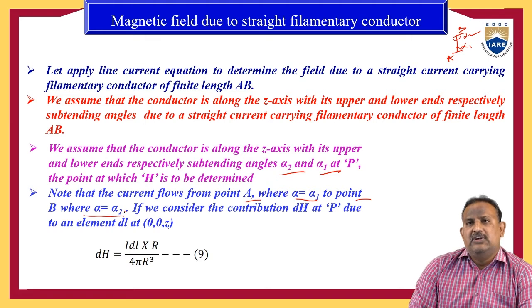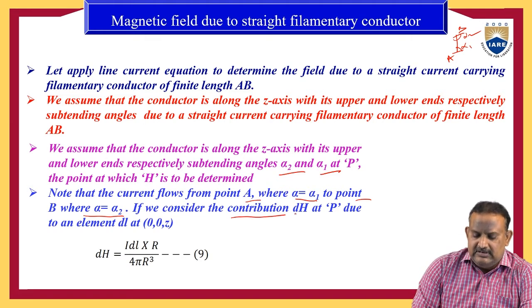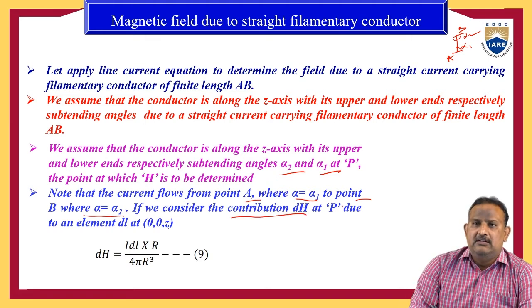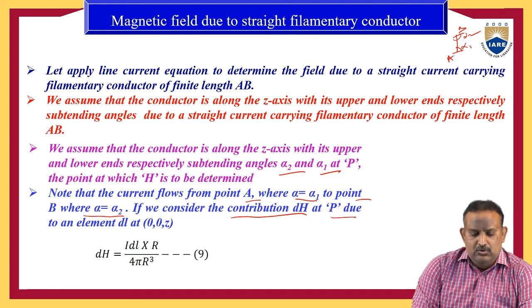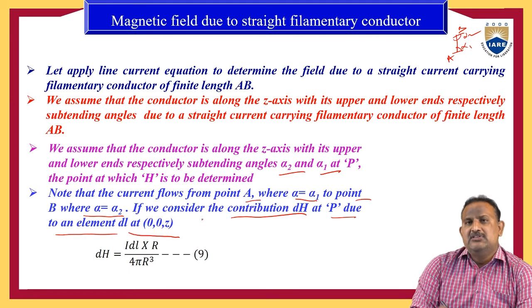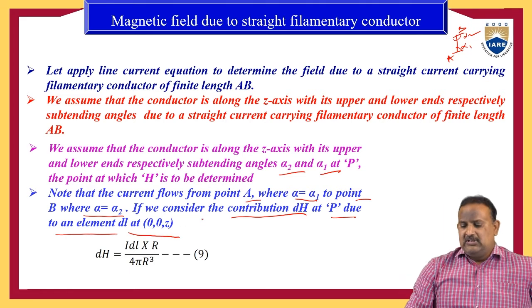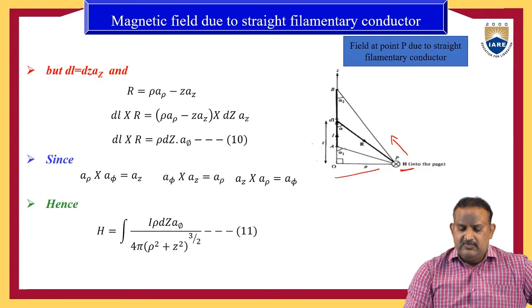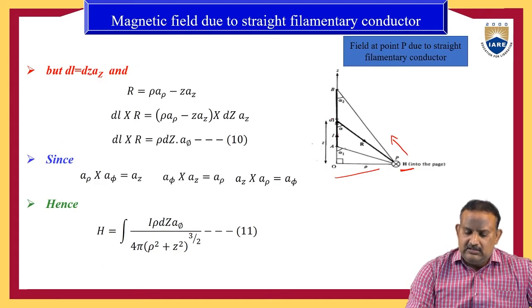Now consider the contribution of dH, the differential magnetic field intensity at point P, due to a current element dL at (0, 0, z), since the current element I dl is placed at a distance z from the origin.